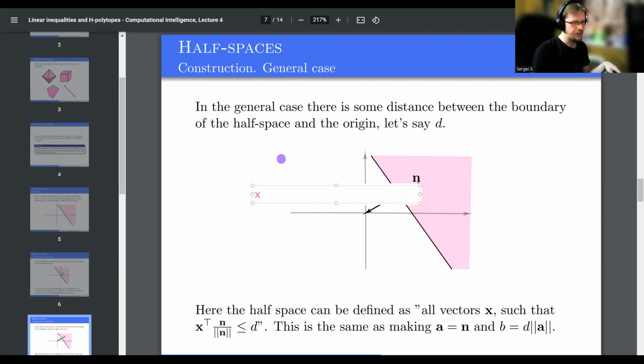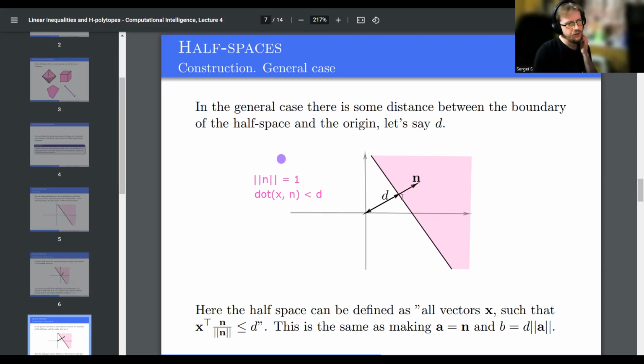So it is just the dot product of x and n less than or equal to d. That is if n is a normal vector, as in the length of n is 1.